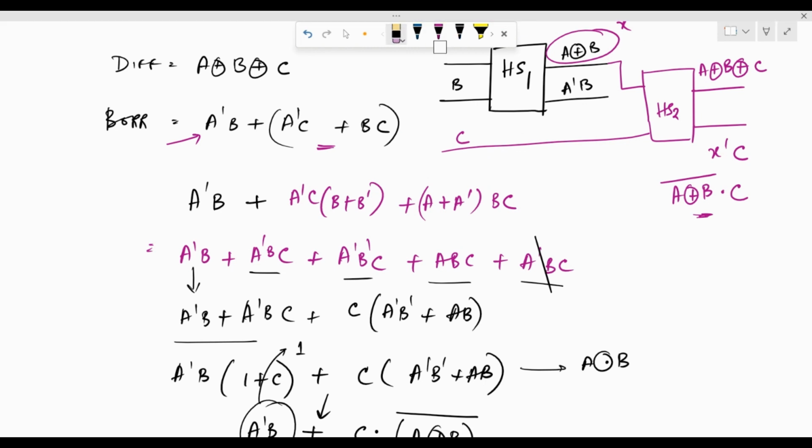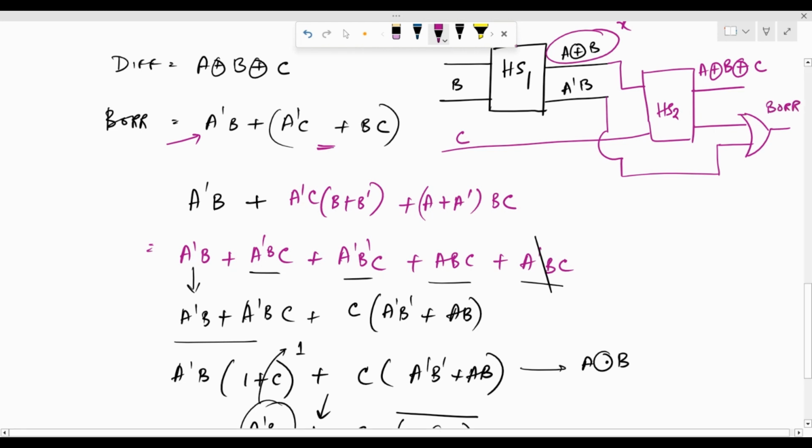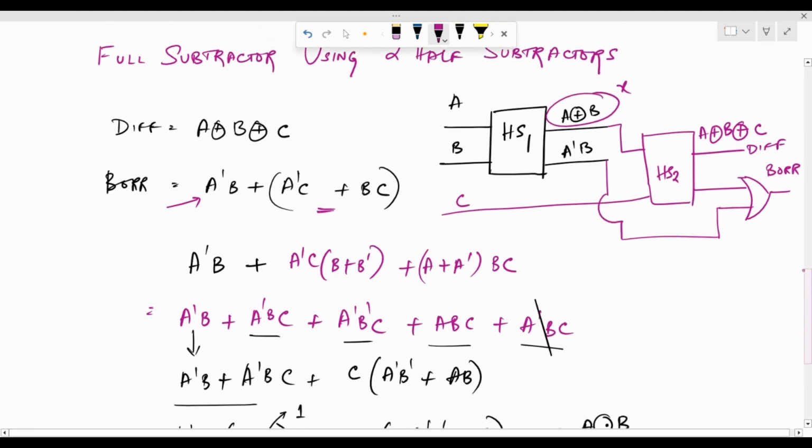So to do that, let me just include one OR gate over here, and then call this as my borrow, and this is going to be the difference of my full subtractor. So this is how we can implement a full subtractor using two half subtractors.